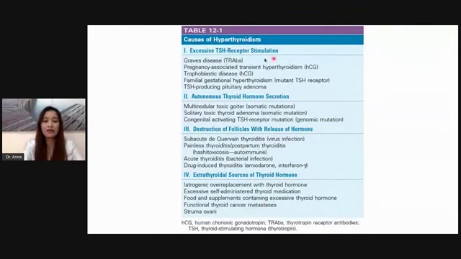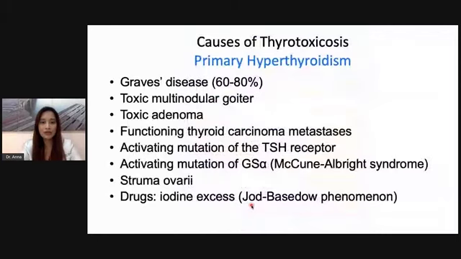Overall, these are your differential diagnosis in any patient presenting with symptoms of thyrotoxicosis or with biochemical findings of hyperthyroidism. What are the causes of thyrotoxicosis? It could be from primary hyperthyroidism, so here are your different conditions that can cause it.